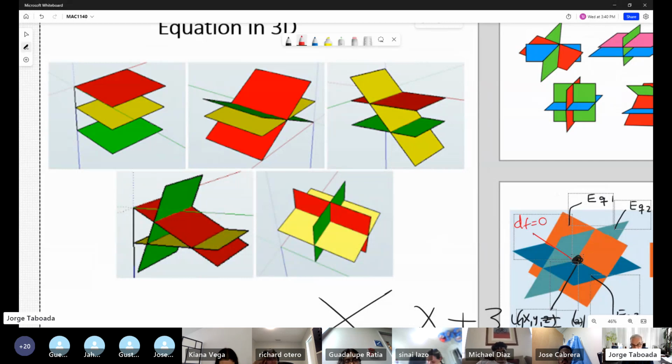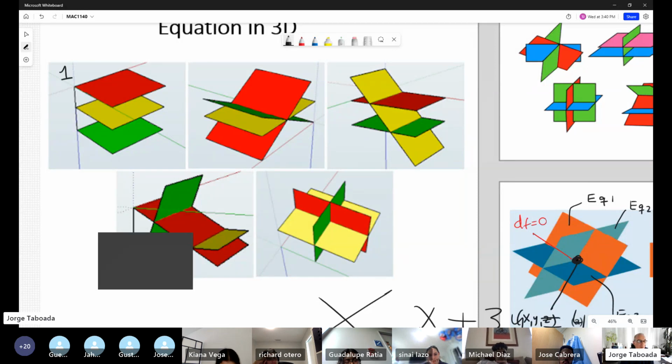Okay, let's move again to the whiteboard. For example, what do you think about figure number 1? Remember, we only have 3 possibilities: no solution, 1 solution, or infinitely many solutions. Participation, come on. No solution.